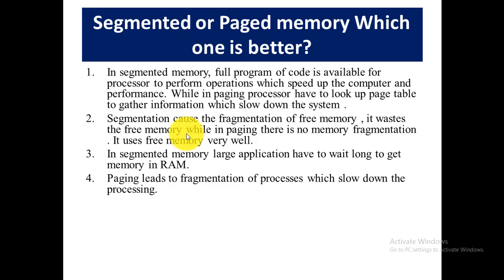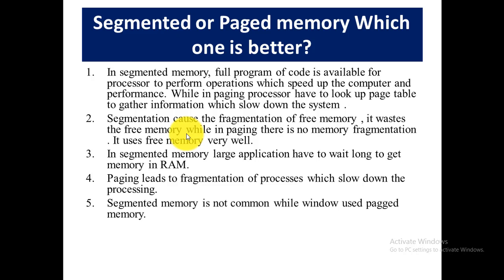While in paging, a large application is divided into small frames, and these small frames easily get space in the RAM. Paging leads to fragmentation of processes, which slows down the processing, while in segmentation there is no fragmentation of processes.